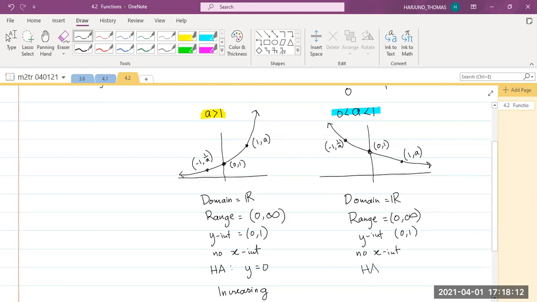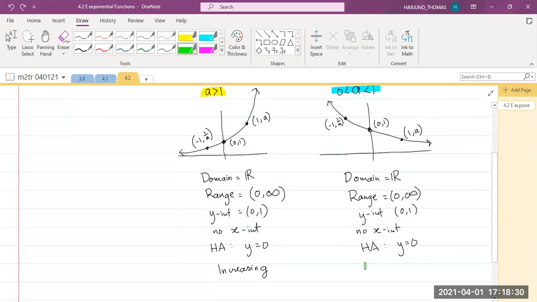The horizontal asymptote is also the same, y equals 0, but this time the horizontal asymptote is actually on the right-hand side. The further you go to the right, the smaller the value of your y. Now the difference between when the base is greater than 1 and less than 1 is that the function is decreasing.